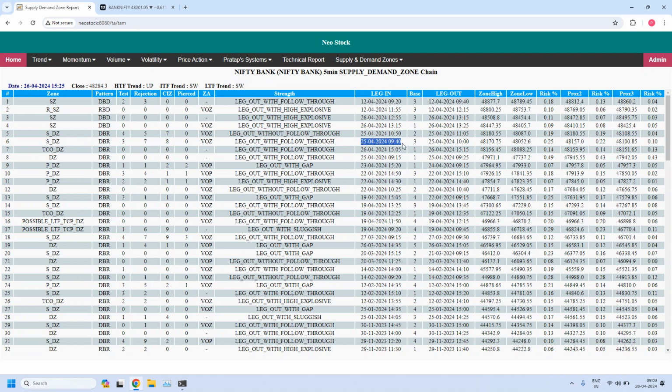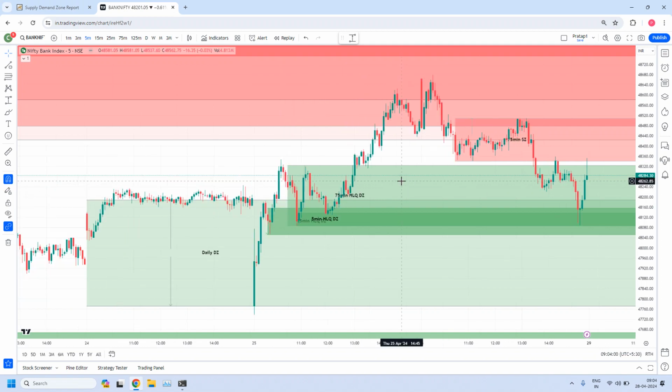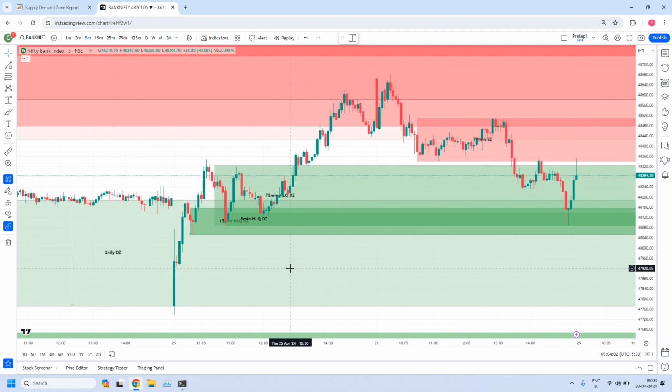25th, 9:40, 3 base candles. This is the same one. We have a drop, 1, 2, 3. This is the one they considered as a rally. That means the same entire 15-minute zone will be considered as a 5-minute zone also, but what I do, you can consider this as a rally, no issues.